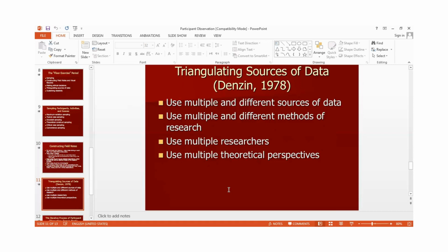The respondent tells you that the prices of wheat and rice have increased double from last month. But in observation, you can go to a market and observe practically whether these prices have increased or not. And this is a triangulation of data.